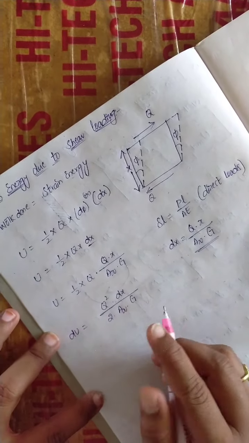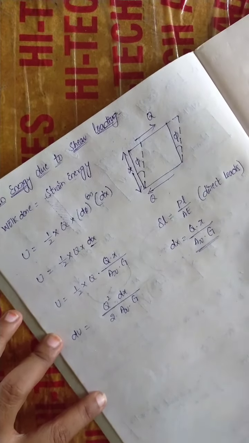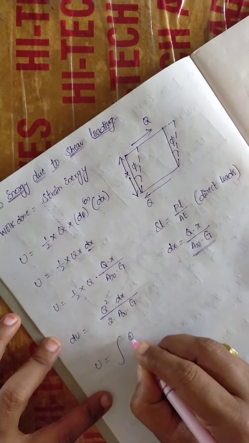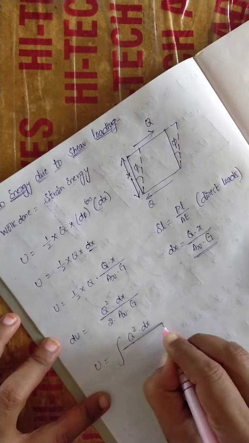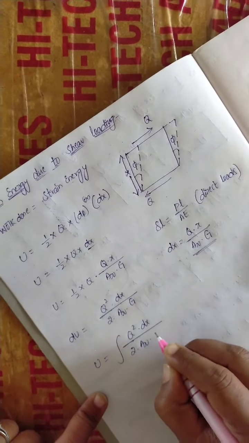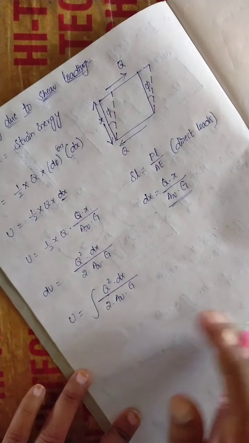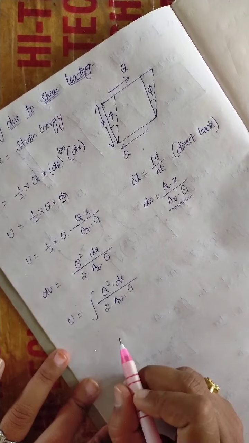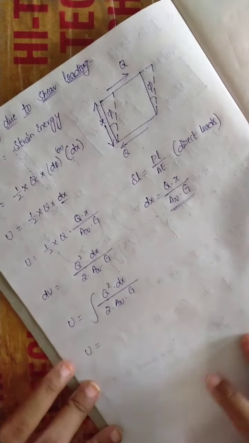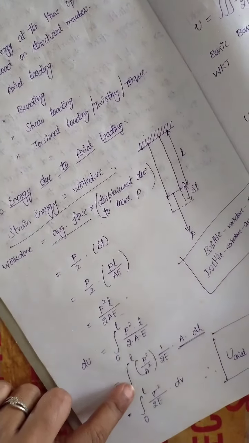If you want to know for the complete structure, then you have to go for an integration of Q square into dx by 2 into AR into G. Here we have to use the same concept that we used earlier. So P square by A square, like that we did, right?